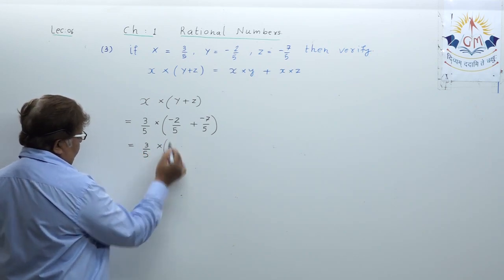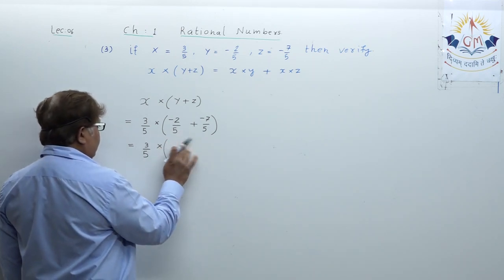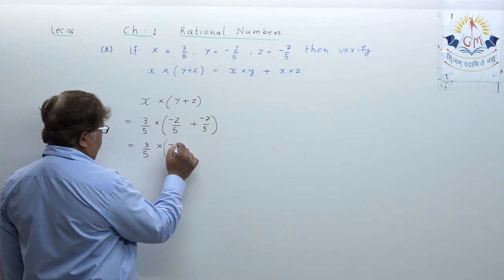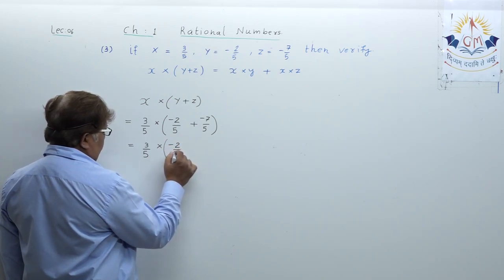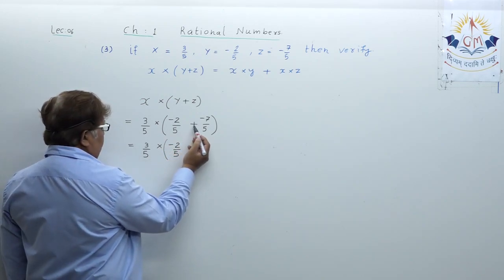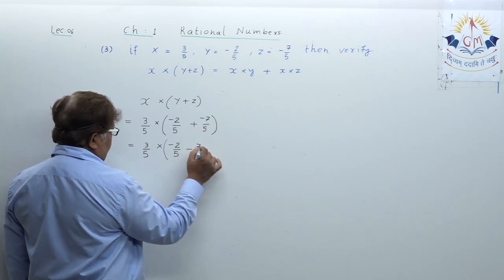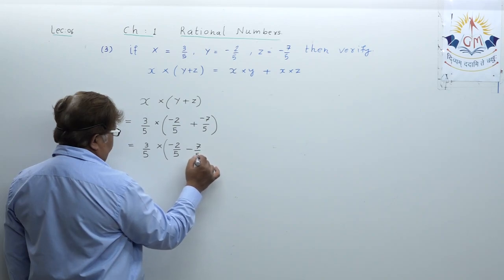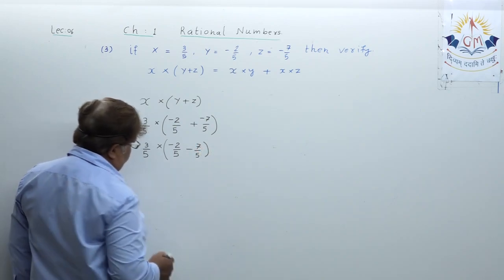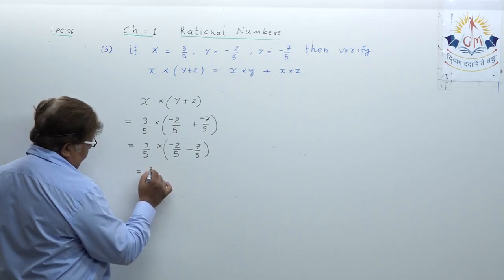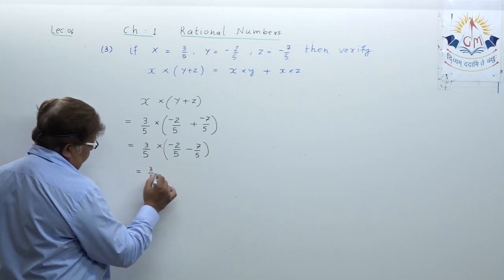Here, dear student, minus 2 upon 5 as it is, plus minus 7 upon 5. Next step, 3 upon 5.